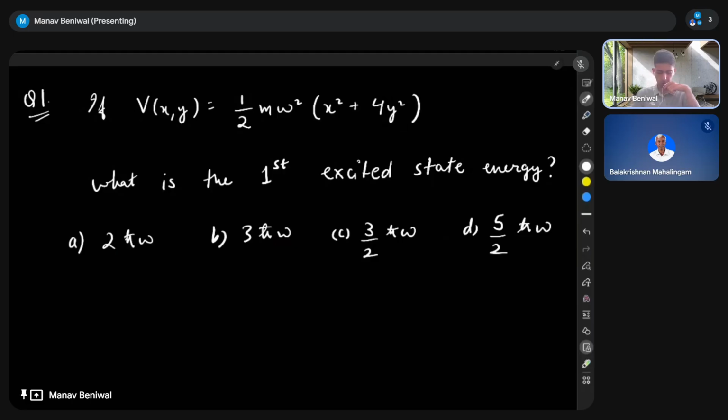Okay, so this is the problem. Now the first thing that we can see clearly, like this potential is kind of resembling the harmonic oscillator potential, right? So let us rewrite our potential.